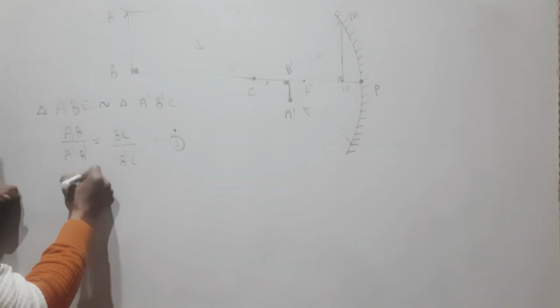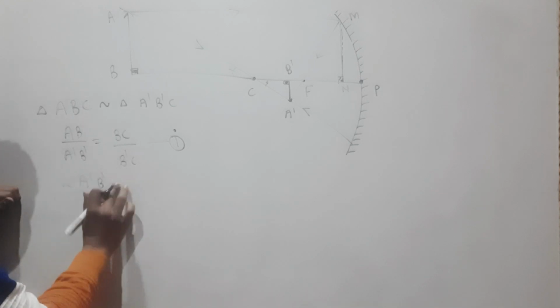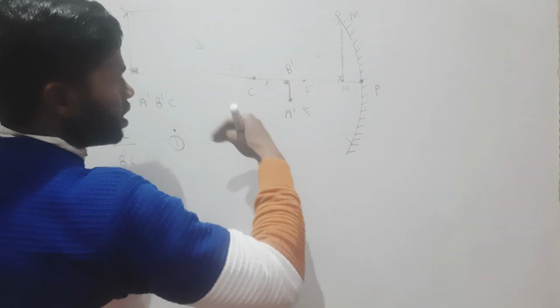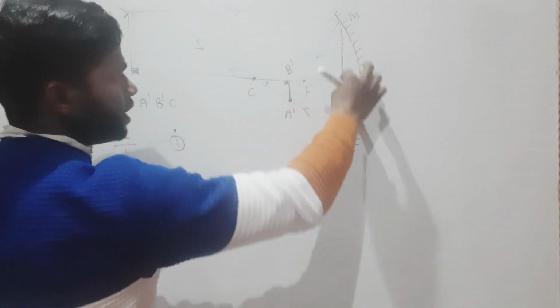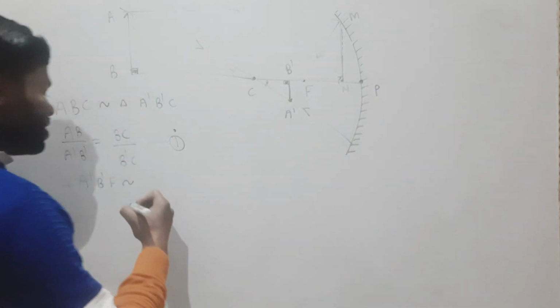In triangle A dash B dash F, angle B dash is 90 degrees, and in triangle M N F, angle N is 90 degrees.